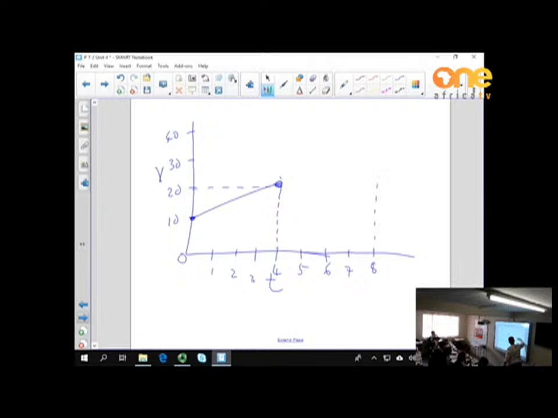So there's the 4 seconds. It's got to move with uniform velocity there. Okay? And lastly, they say the brakes are applied and the car comes to rest in 2 seconds. 9, 10. So there's 2 seconds. So within 2 seconds, it goes from there to there. So that's what the graph will look like. Okay?